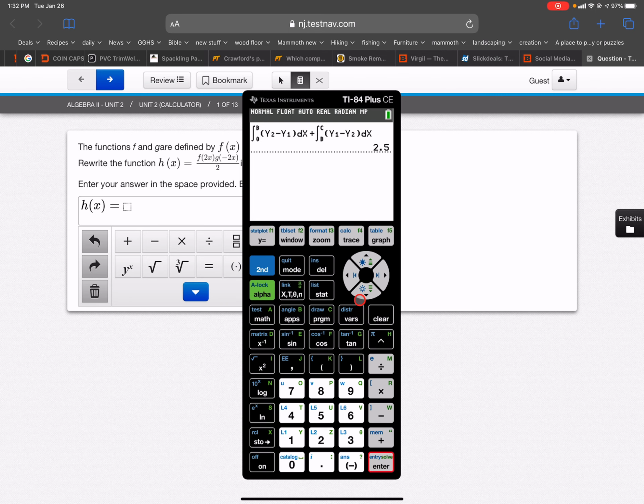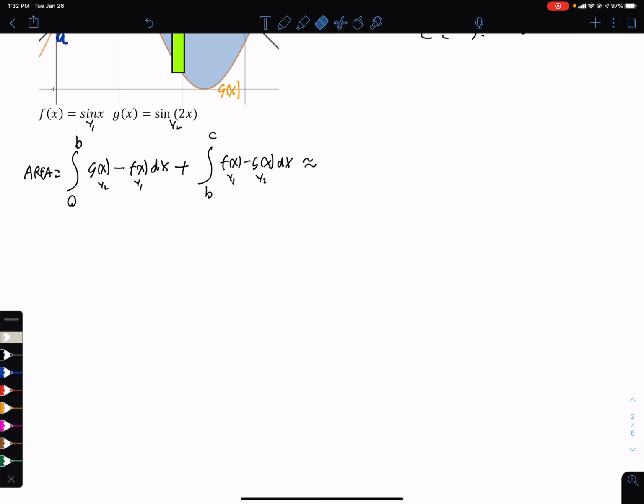And I get 2.5 for my answer. It's exact. So you just got to be careful. It's exactly 2.5. You can, if it's exact, just put 2.5. But I'm going to put the 0, 0, just to be safe. You always need 3. But if you're not rounding off, technically you don't need those because it's exact.